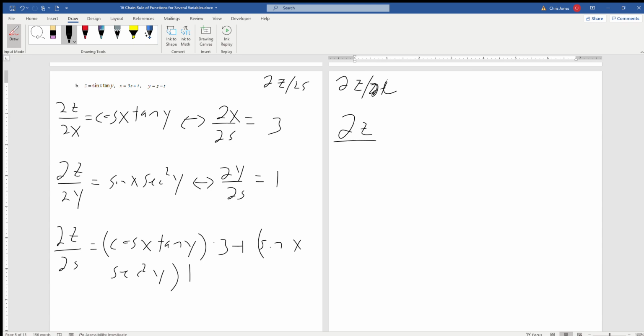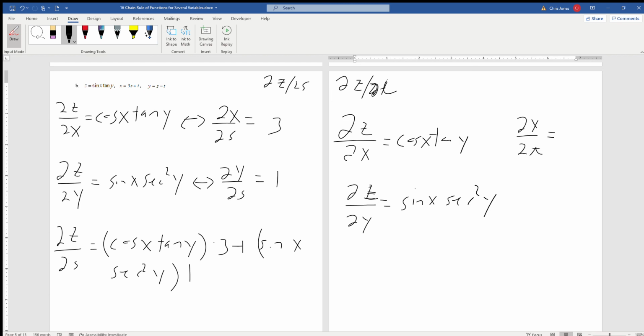So partial z partial x, partial z partial y are cos x tan y and sine x sec square y. And this time we need partial x partial t, which is going to be equal to 1. And then partial y partial t is equal to negative 1.